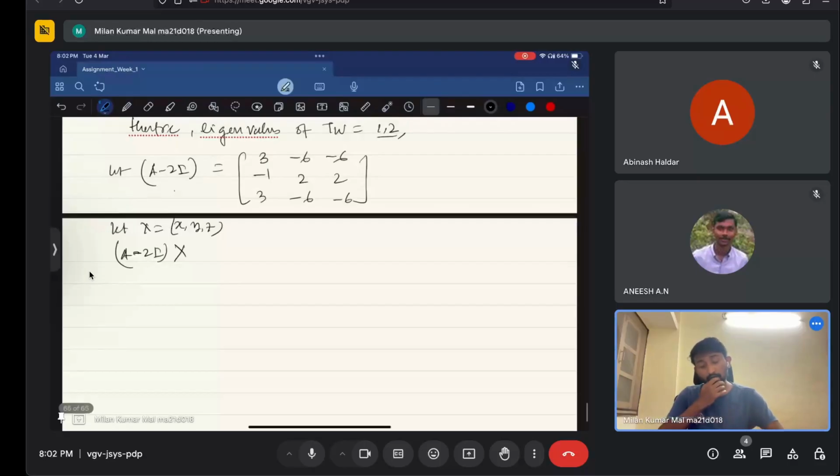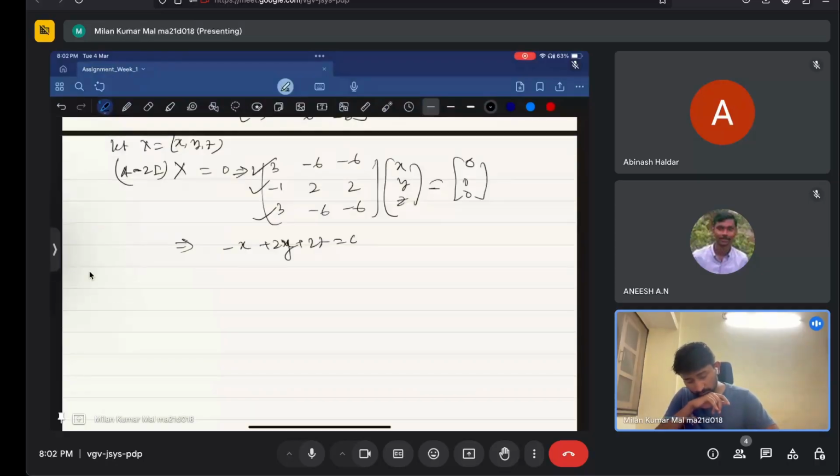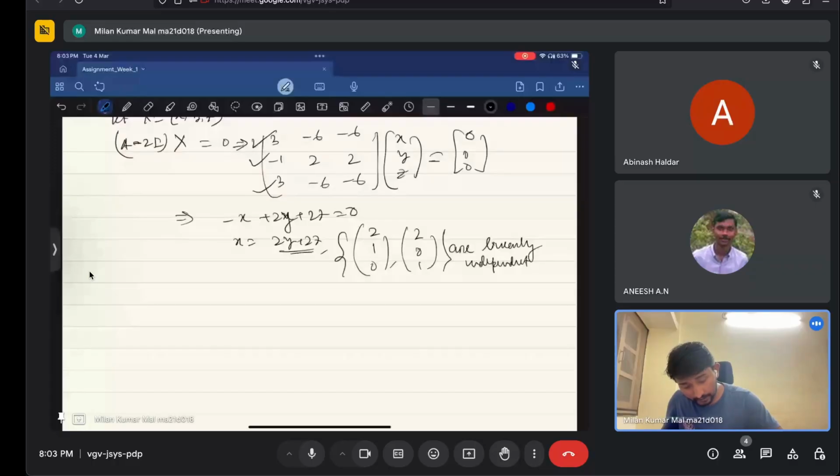Therefore x is equal to 2y plus 2z, so the basis (2, 1, 0) and (2, 0, 1) are linearly independent eigenvectors of T for eigenvalue 2.